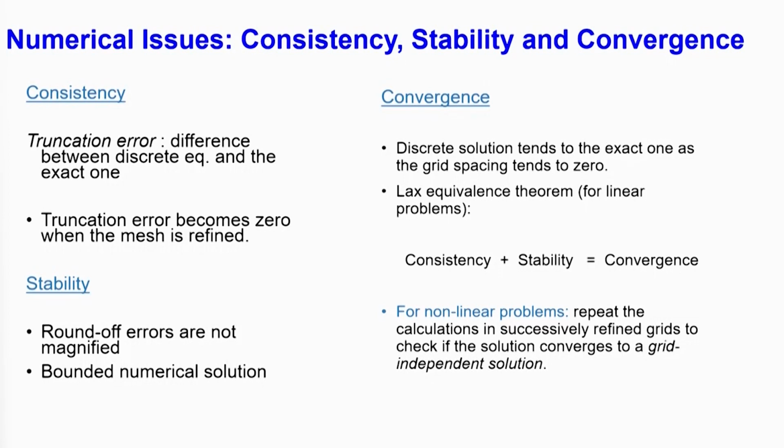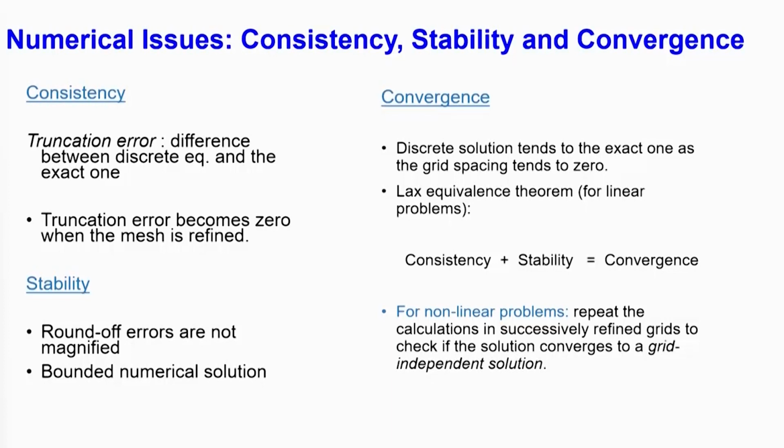For linear problems, that means differential equations which are linear, consistency and stability together will ensure convergence. This is known as the Lax equivalence theorem. So, if you have a linear problem, a linear differential equation, be it ordinary or partial, and you have a consistent and a stable method, you are sure it will converge.